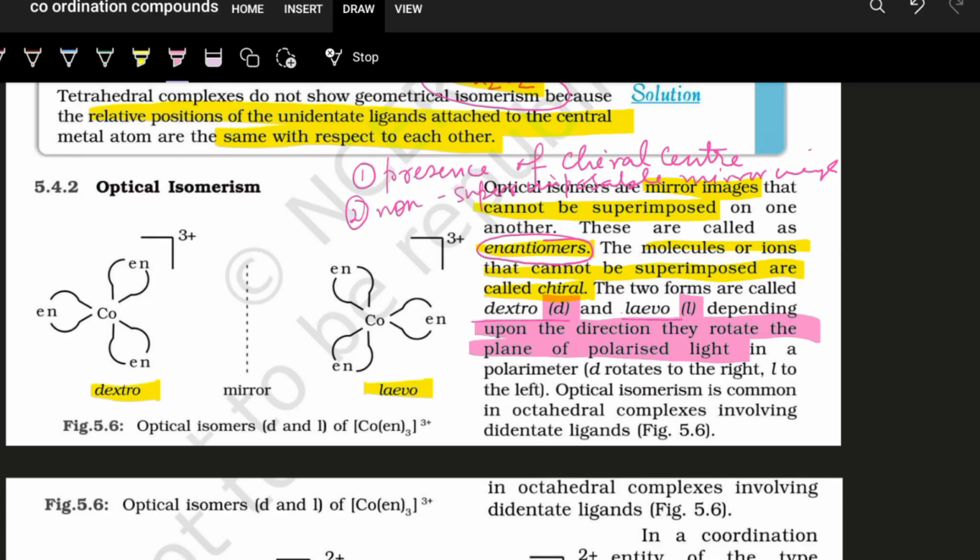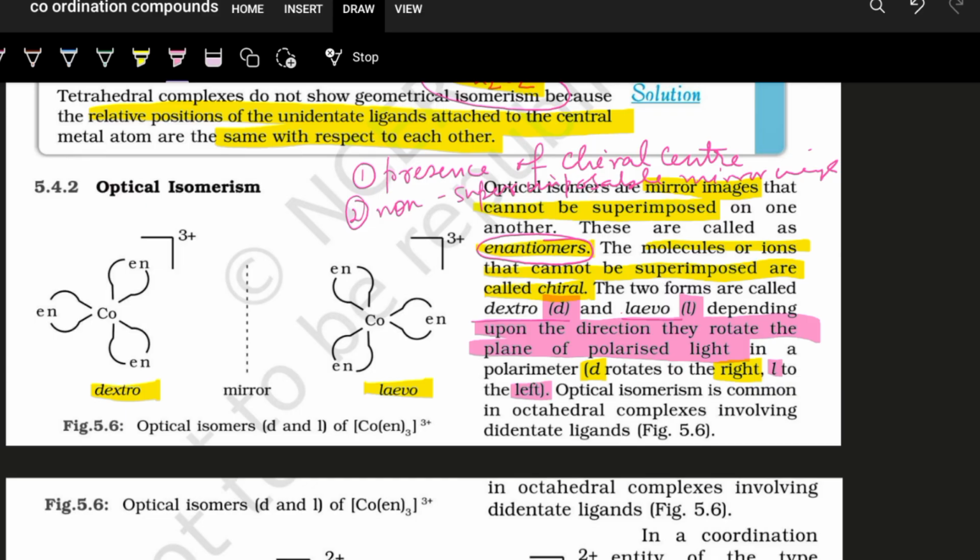If it rotates the plane polarized light towards the right side, it is dextro, and if it rotates it towards the left, it is levo, represented by small d and small l respectively.